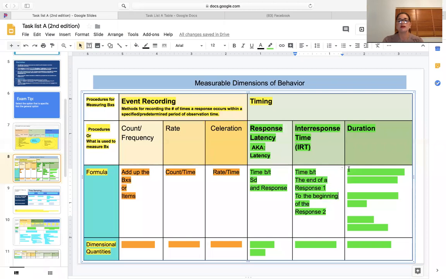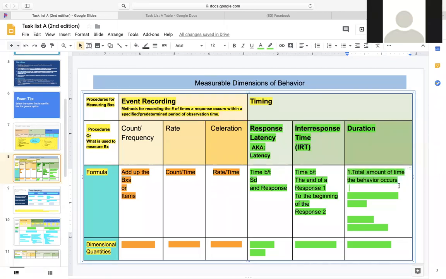So duration. How long did the behavior last? It's the total amount of time the behavior occurs. I would say this definition is the general one, and then we have two more specific types.